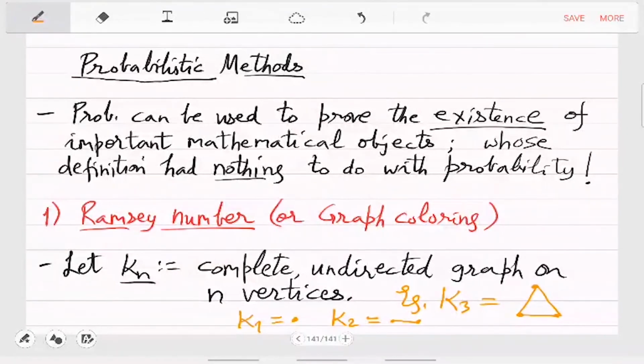So what we want to look for are subgraphs of the type Kn in colored graphs.